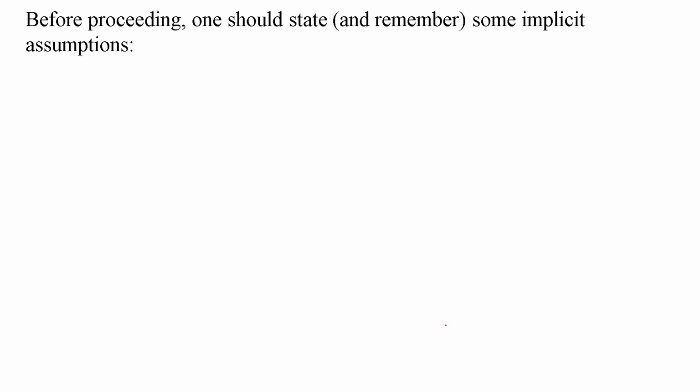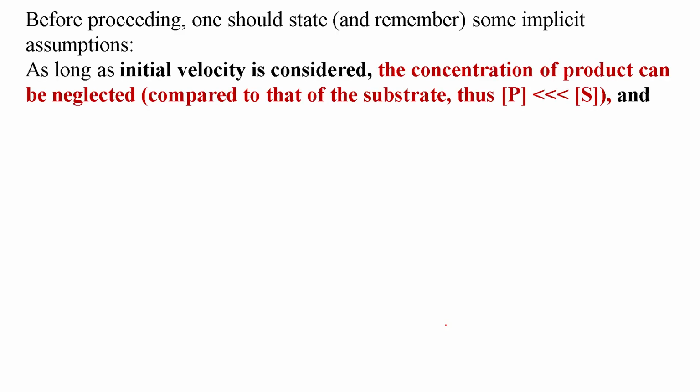Now, before proceeding, one should state and remember some implicit assumptions. In doing this, we have to be working with some assumptions. As long as the initial velocity is considered, the concentration of the product can be neglected. In this, we can neglect the concentration of the product compared to the substrate, because the reaction just starts.